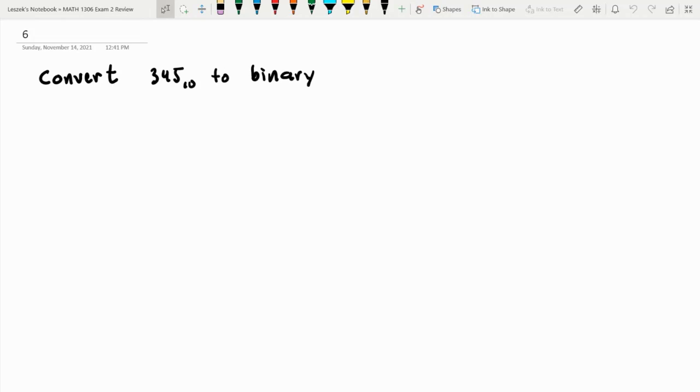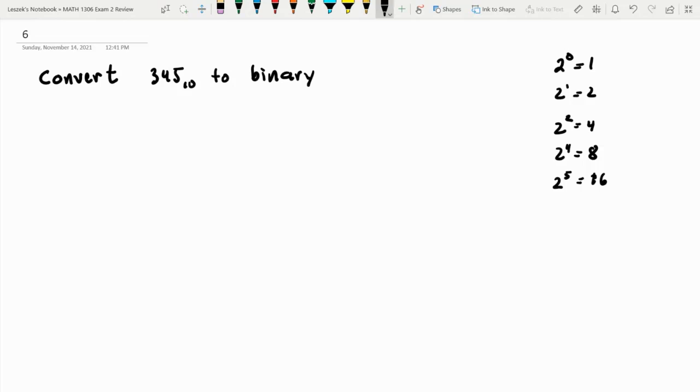So since we're converting to binary, we should maybe list all the powers of 2 that we can quickly generate. And how high do we need to get here? When should I stop listing these?